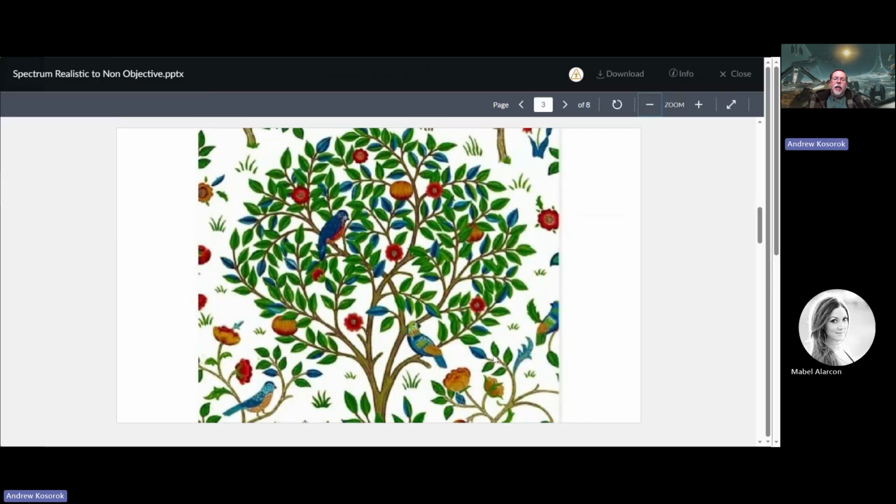And so it was less interesting to the artists to draw birds that were completely natural, or to paint a tree that was completely natural, because what they were trying to do in sharing these stories that they were illustrating was communicate that these stories are timeless. They're outside of time.